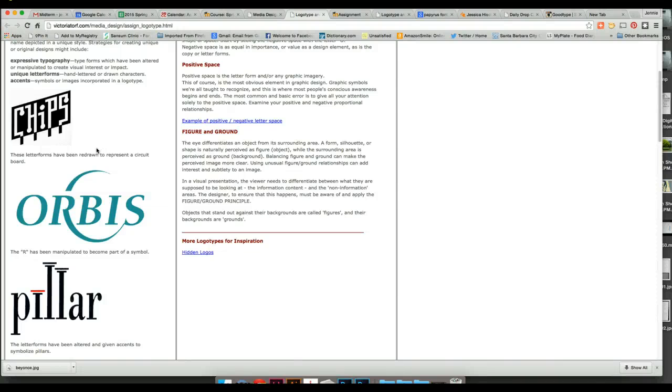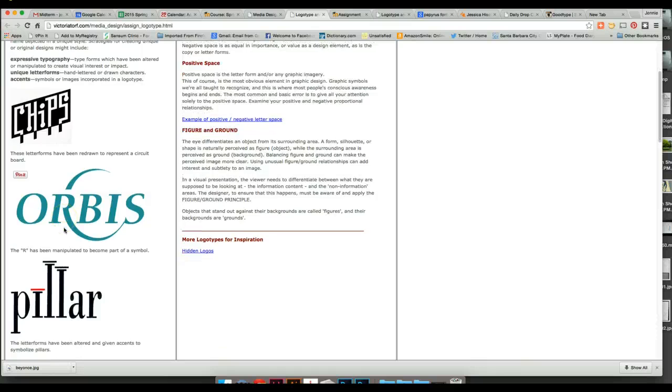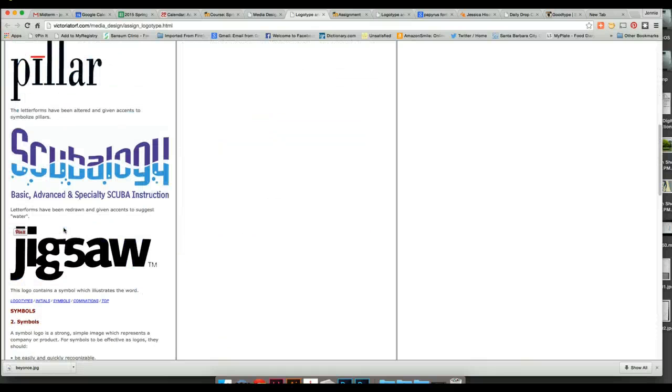I'm going to show you guys how to do that for your next assignment: how to create interesting positive and negative space utilizing fonts. You can see how you can break stuff apart, and in this case, the negative space here of the jig and saw together makes a jigsaw puzzle piece.